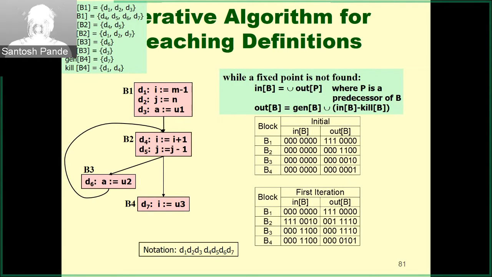Because of course our goal is, if we find that certain definitions are reaching a given program point, then we want to use their properties and do certain optimizations, such as constant propagation and so on.